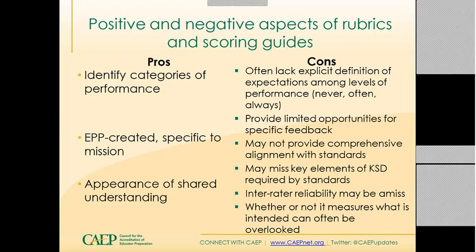the numbers of times that something occurs. There's both positive and negative aspects of that, and we'll get into that in a minute. Also, we found with these categories of performance that with a rather vague definition of expectations also comes a limited opportunity for providing feedback to candidates.